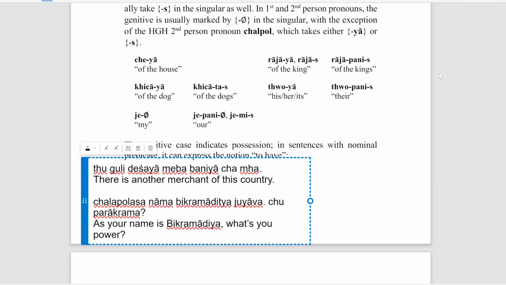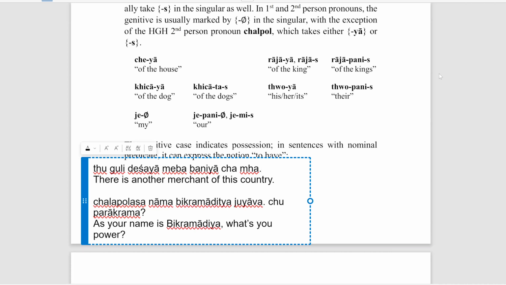But this guli and ma are the most common ones in the text. Thank you. Any other questions? No?